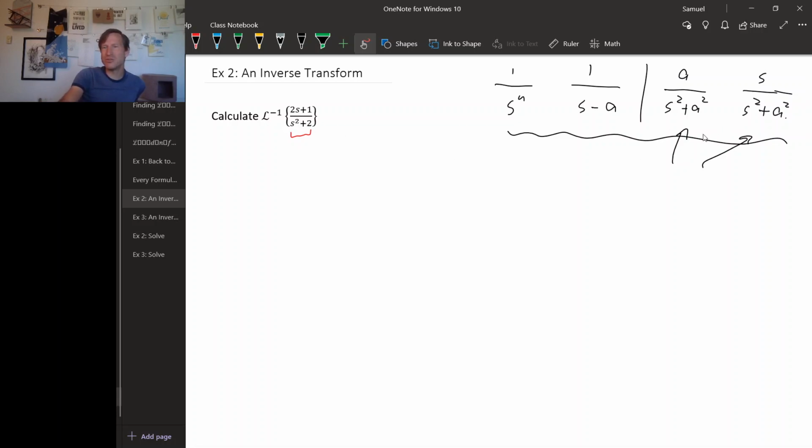We just need to make the numerator look right, but you can always do algebra to rewrite this function. In particular, for this example, we can split the numerator up. So we can write this as 2s over s squared plus 2 plus 1 over s squared plus 2.